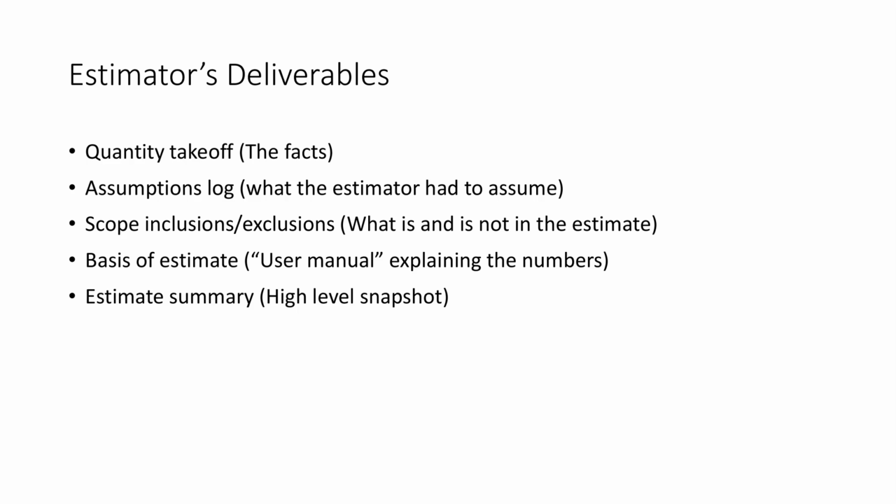You might need an explanatory document to explain what the numbers are. And then you also produce a high-level estimate summary toward the end that summarizes the material, labor, equipment, overhead, profit, insurance, and other major items that you hand off to the project manager.